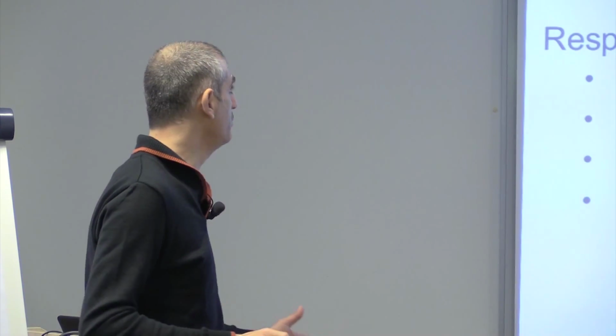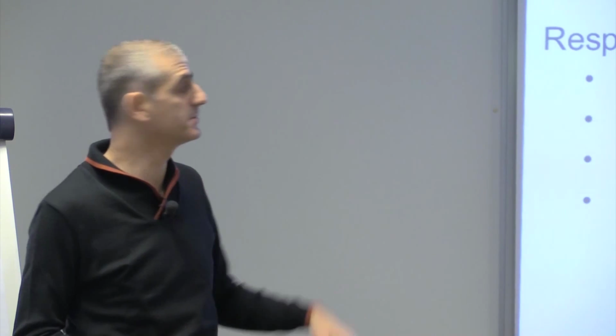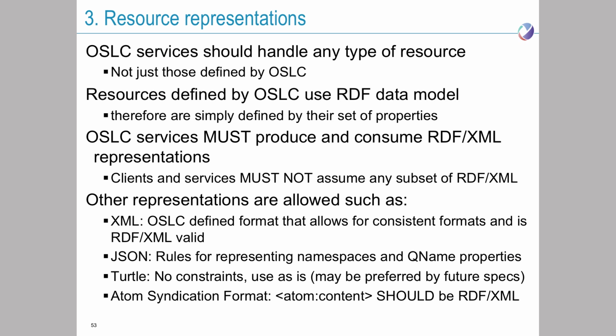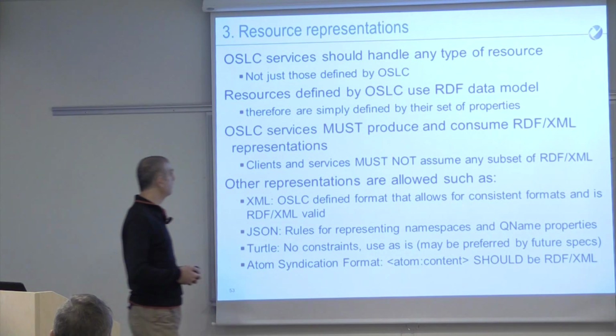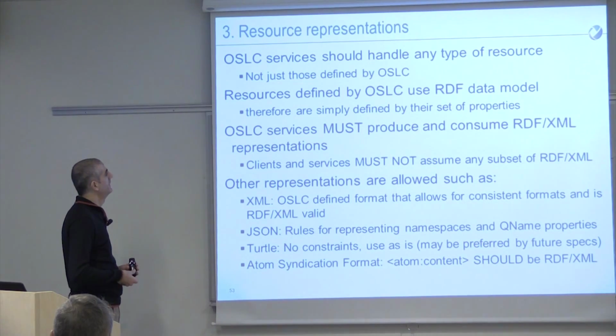Okay, so this is about the CRUD methods on how you manipulate resources. When it comes to representations, basically in the service you should be able to handle more than just OSLC resources. So you can handle your own specific resources. All resources are defined using this RDF model, of course, as I mentioned before.